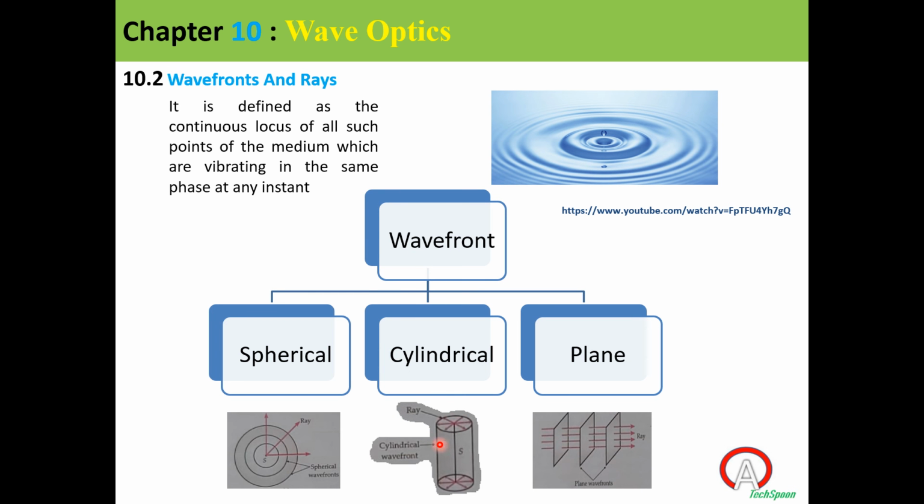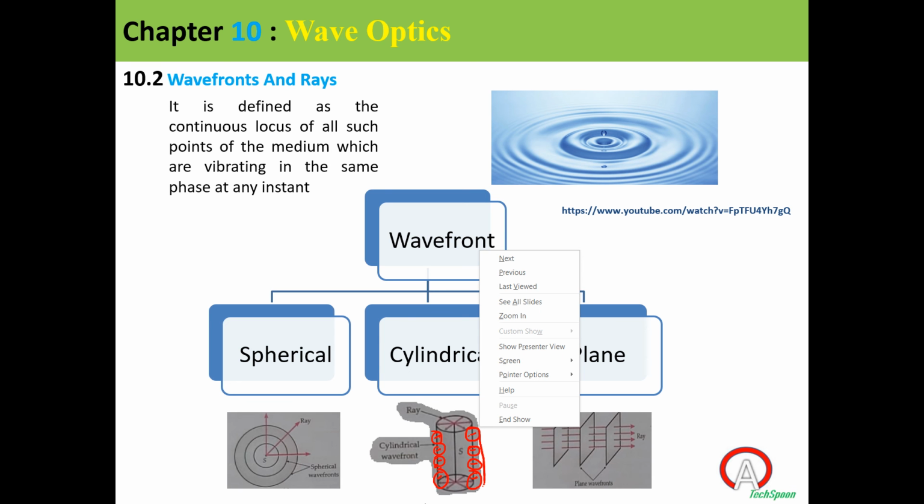That means if you see a spherical or cylindrical wavefront, I'm taking cylindrical as an example, each point on this wavefront acts as a source for secondary disturbance, and these secondary disturbances we will call wavelets.